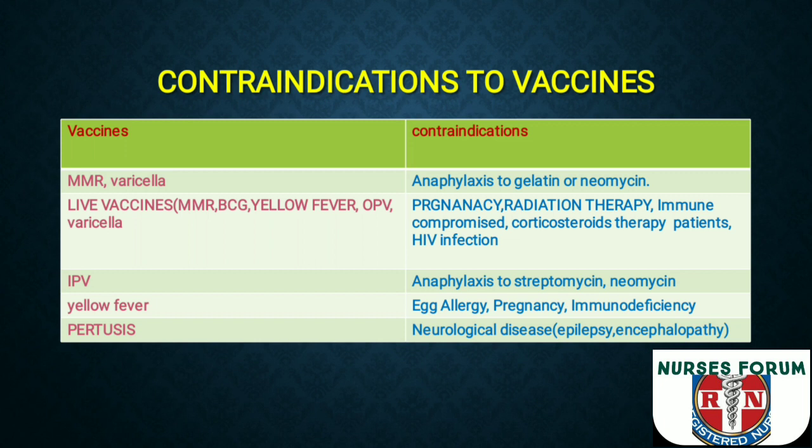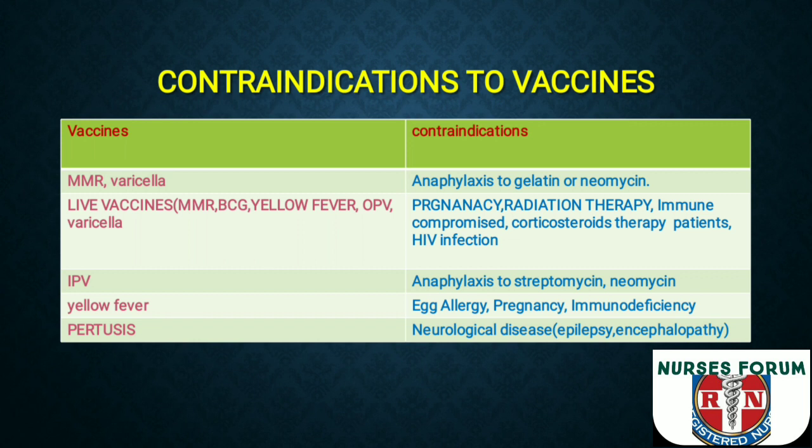All live vaccines, MMR, BCG, yellow fever, oral polio vaccine, varicella are contraindicated in pregnancy, radiation therapy, immunocompromised situations like HIV, corticosteroid therapy patients, HIV infections. In all these conditions, live vaccine should be avoided.